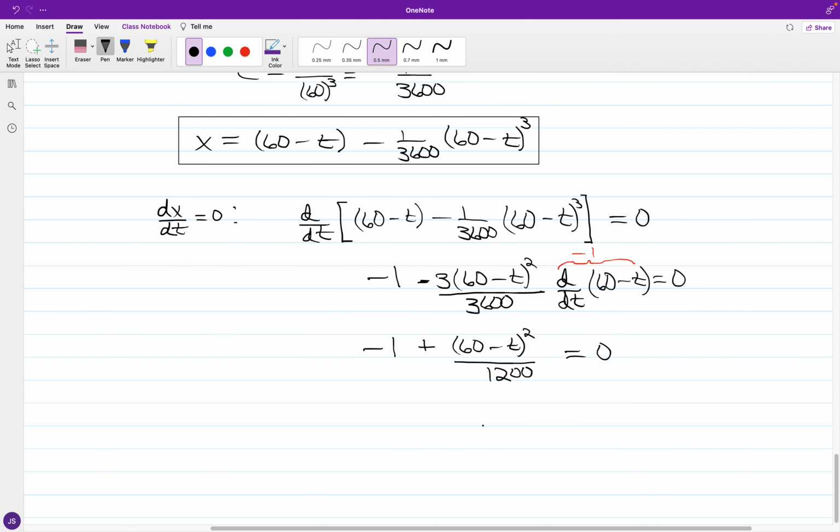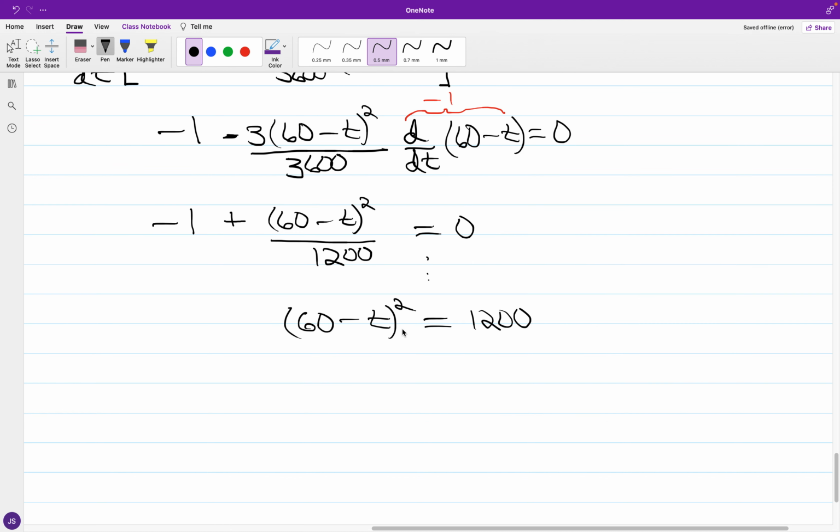Then you add 1 and multiply by 1200, so 60 minus t squared is equal to 1200.